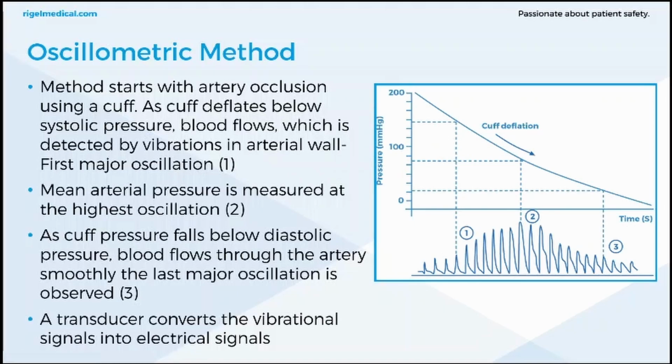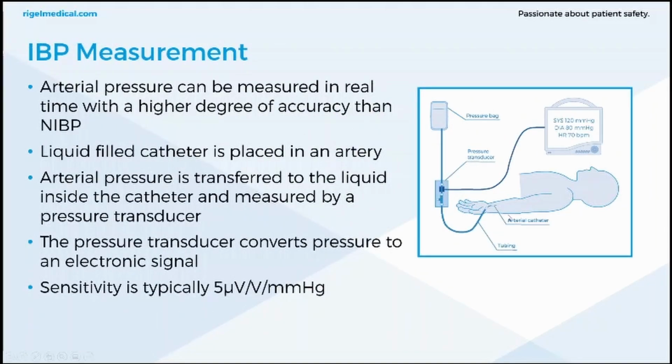If you've had your blood pressure measured, you'll see that it's not a real-time quick method. Whereas this, it's quick, it's got a higher degree of accuracy, but it's typically only used for surgical procedures, so when you're expecting a blood pressure to vary greatly.